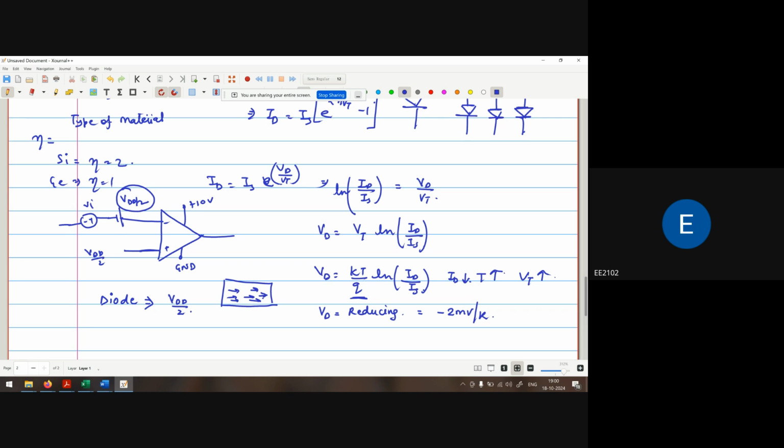Now if I increase the temperature, these electrons moving in one direction will gain energy because of the temperature, and their movement will be in a scrambled mode. Some electrons will go upward, some downward, some in other directions. So the electron movement is scrambled, and if the electron movement is scrambled, the value of the forward current ID will decrease.